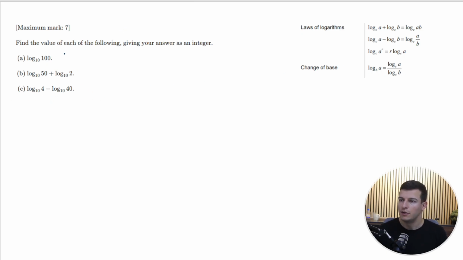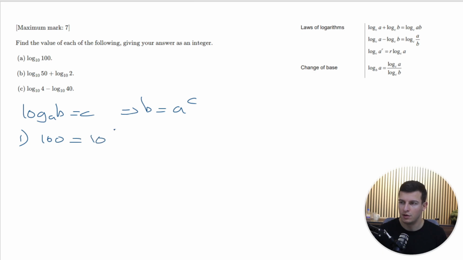So, the first one says log base 10 of 100. Again, we always come back to this: log base a of b is equal to c, which means b is equal to a to the power of c. So, for the first question, we know our b, which is 100. We know our a, which is 10.